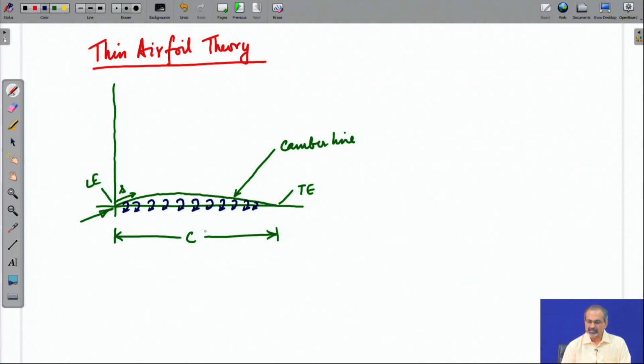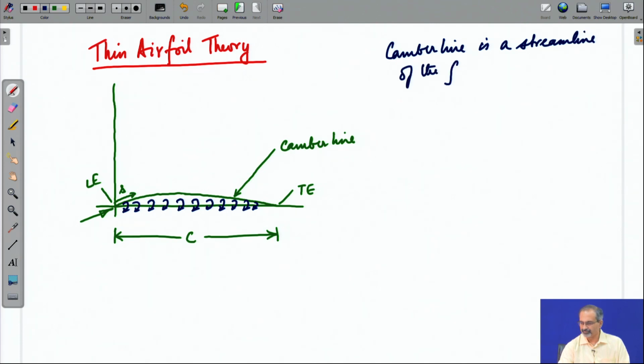But we will continue to say that the camber line is a streamline of the flow. And then what should we ensure? That there should not be any kind of cross flow allowed across the camber line. Only then can the flow remain tangential to the camber line, and therefore, it becomes a streamline of the flow.